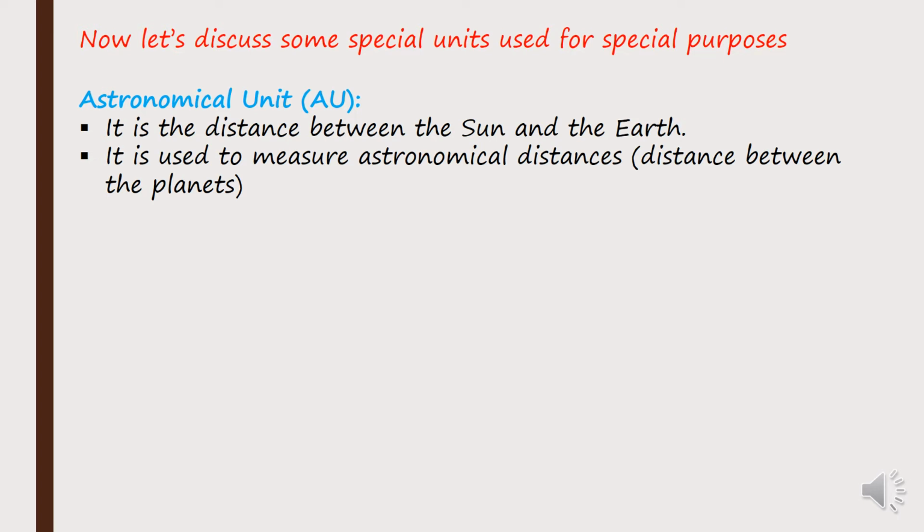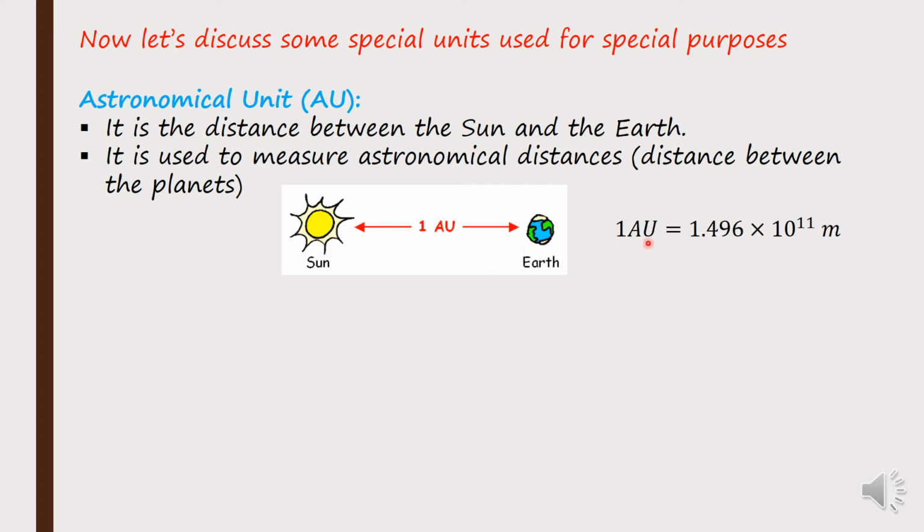That is just for the representation sake. We have one standard unit called the astronomical unit. The distance between the sun and the earth is known as one astronomical unit.